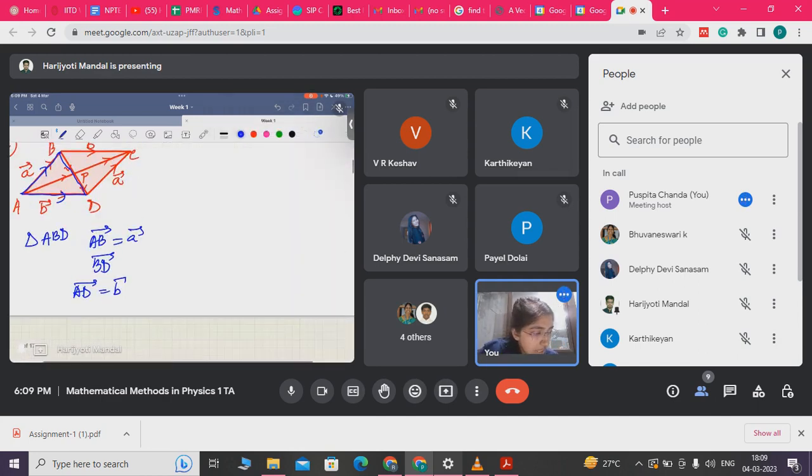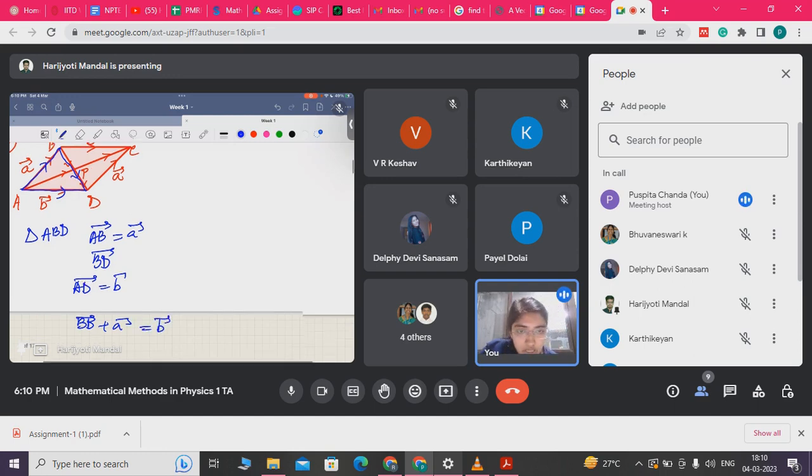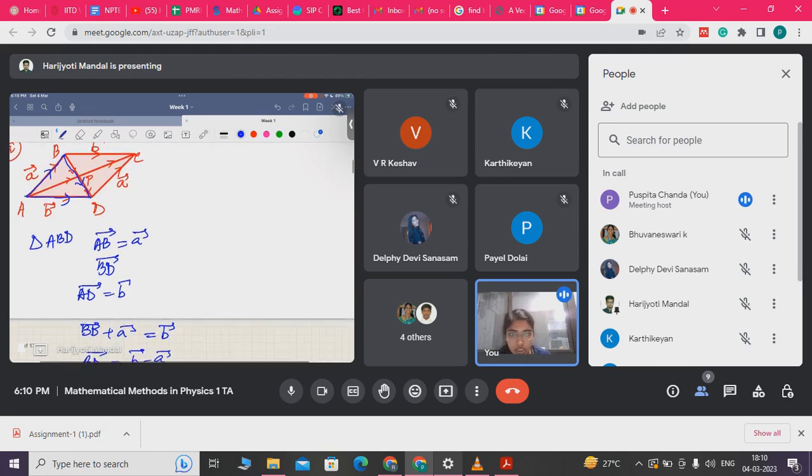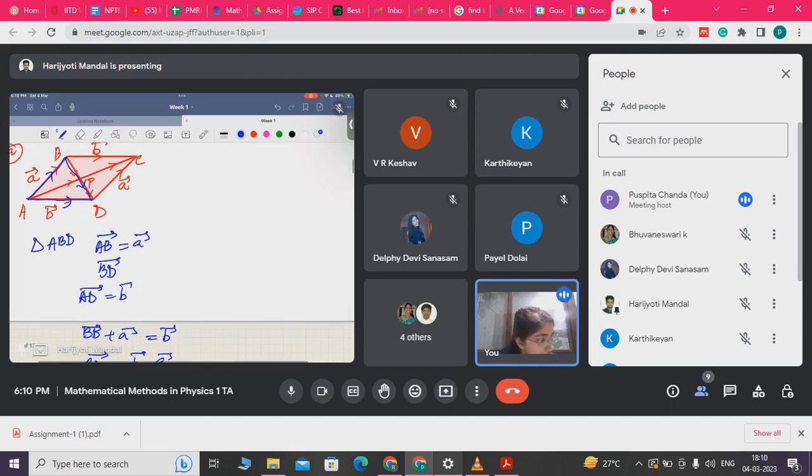So from this triangle we can say that A plus BD is equal to B. So BD will be B minus A. And similarly we can say AC, which will be this vector, AC will be AD plus DC.